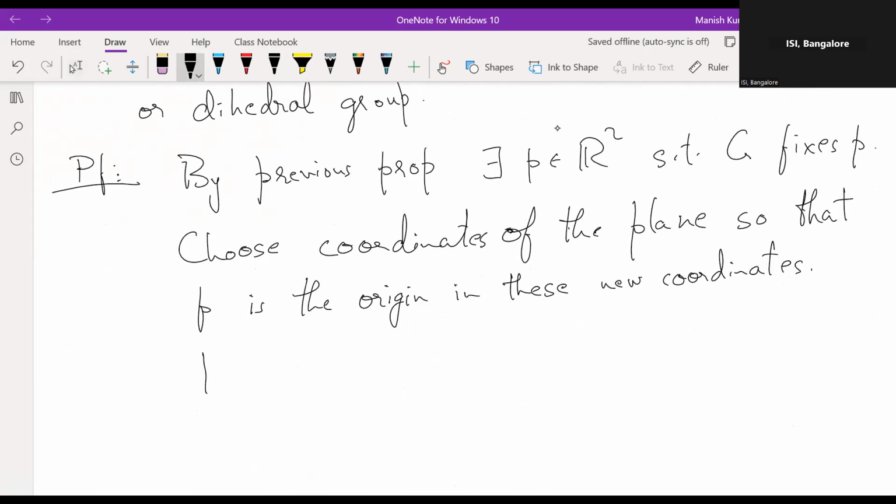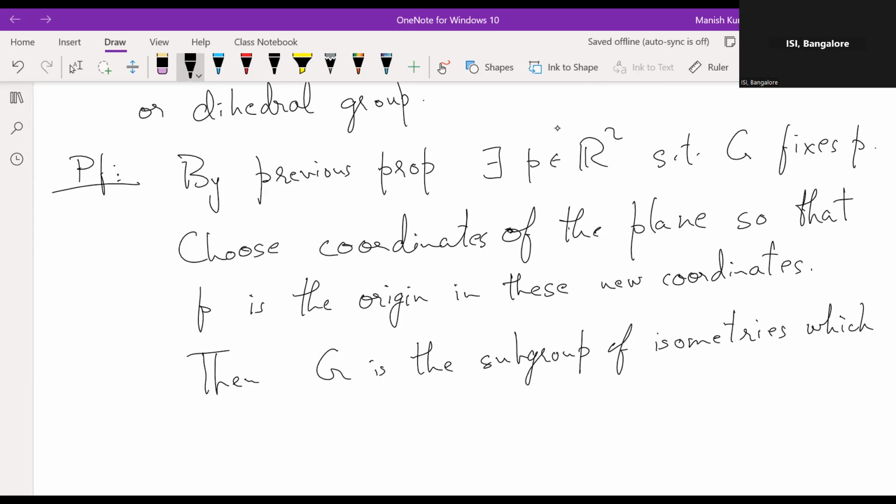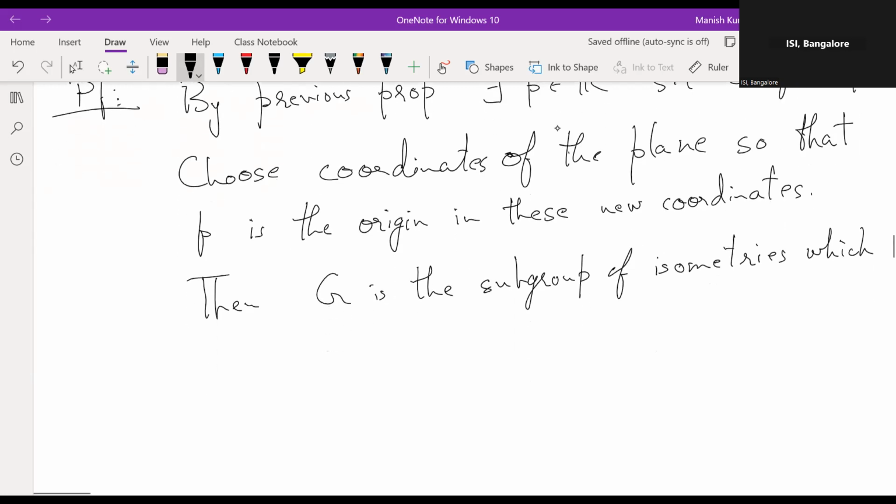So G is the subgroup of isometries which fixes the origin with respect to the new coordinates.